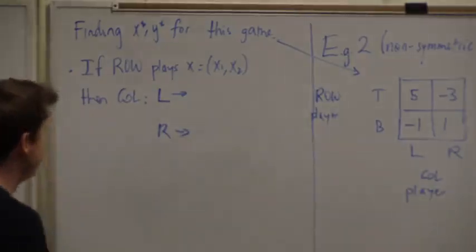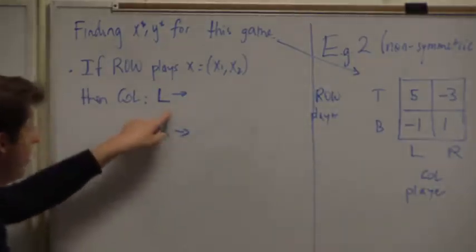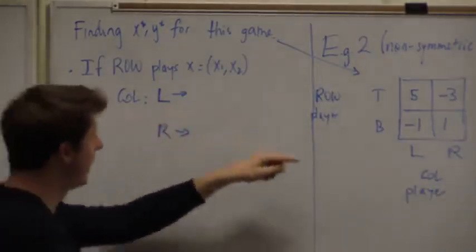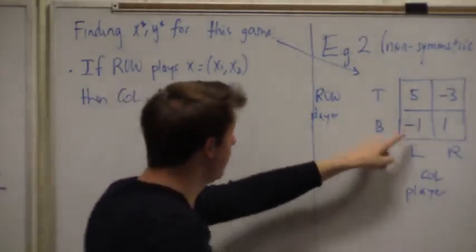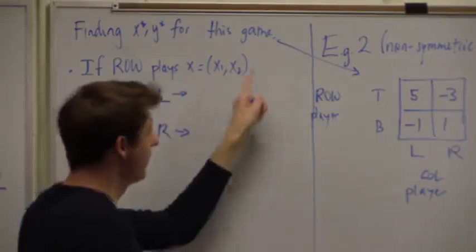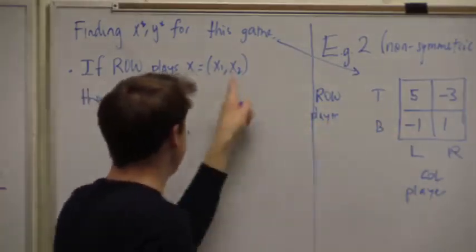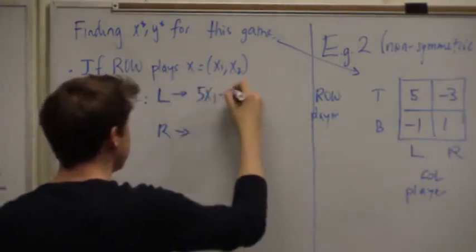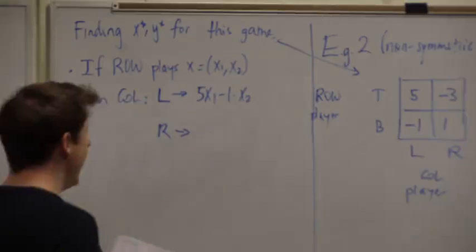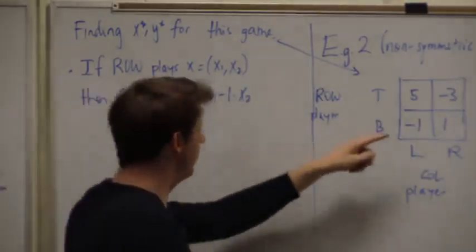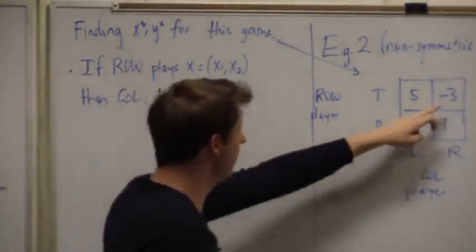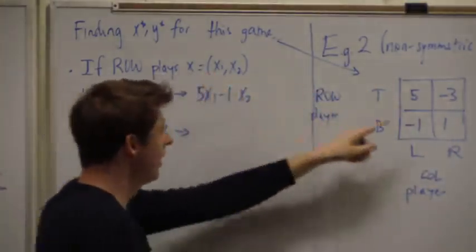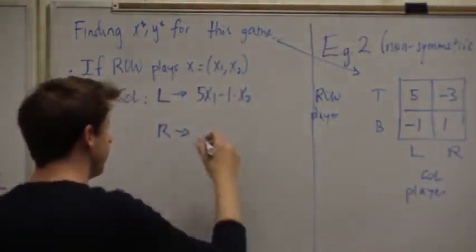Now, if he plays left, he knows that the expected outcome is going to be 5 times x1 minus 1 times x2. And if he plays right, his expected outcome is going to be minus 3 times x1 plus 1 times x2.